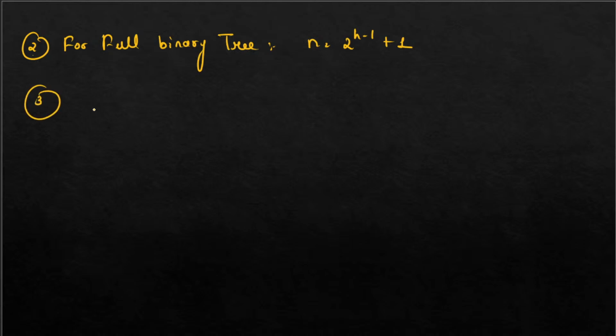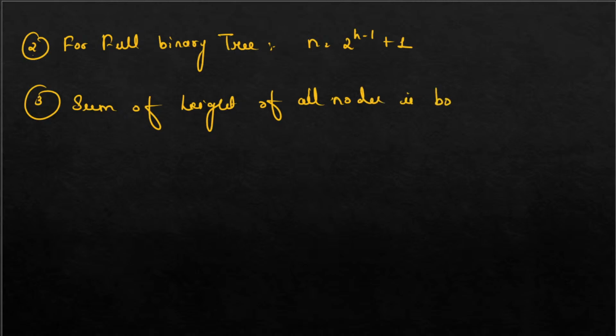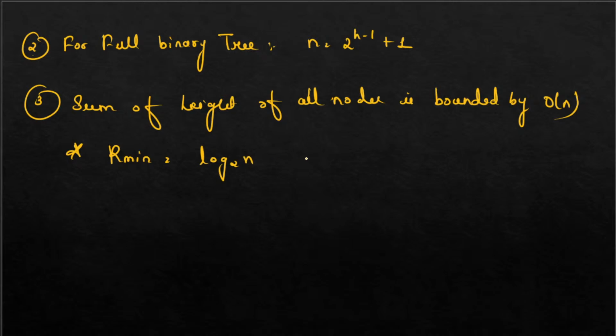Third is sum of height of all nodes is bounded by big O of n, where h minimum is equals to log 2 of n and h maximum is n minus 1.